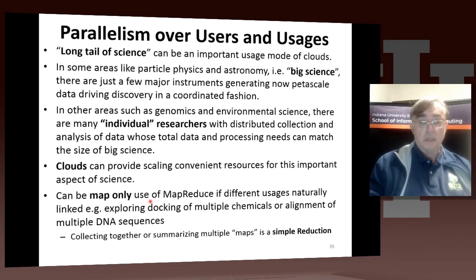So the pleasingly parallel in the map-reduced languages is called map-only, and when you dock multiple chemicals, you can actually use MapReduce, and people have shown that works well. And you just run each chemical as a different map task.